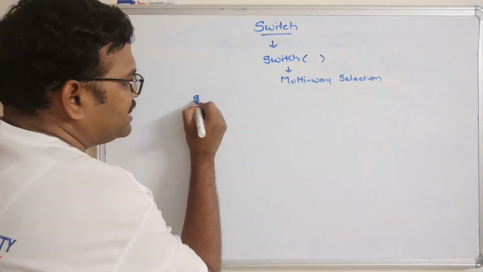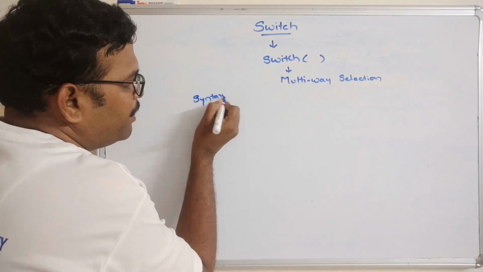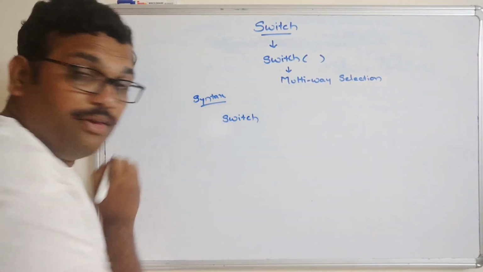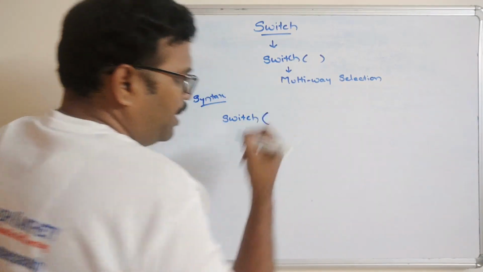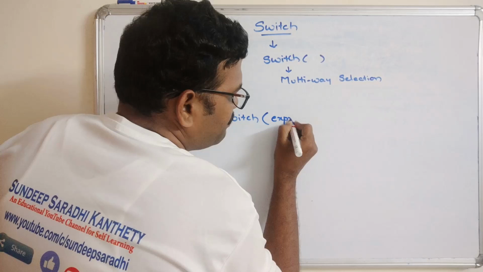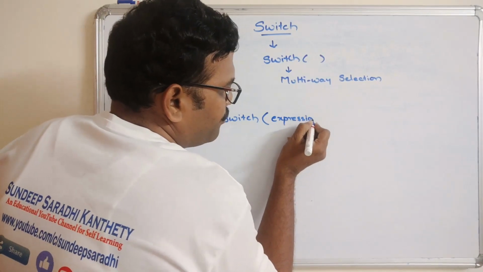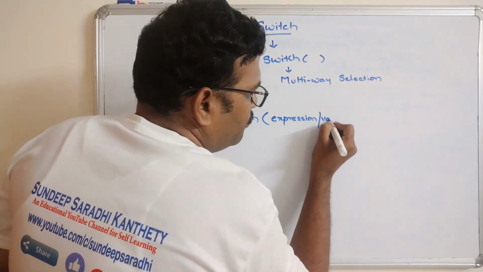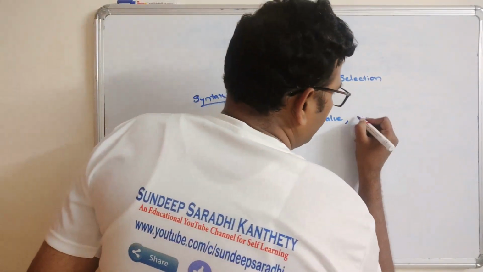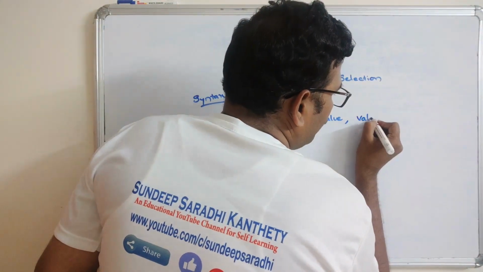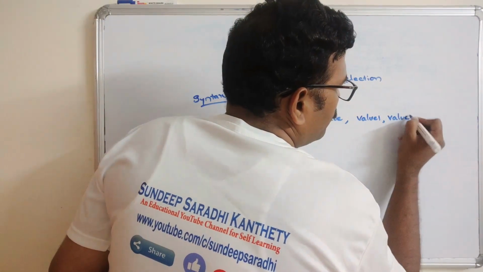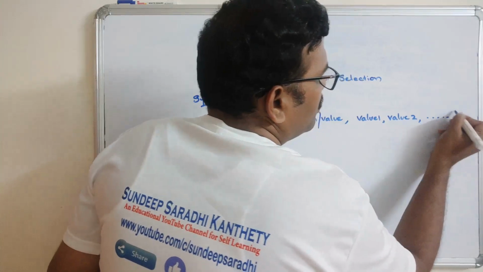Here the syntax to implement the switch case is: switch, which is a keyword, open the parenthesis, and here we need to write the expression or a value, comma, and give the cases here, like value 1, value 2, and so on.